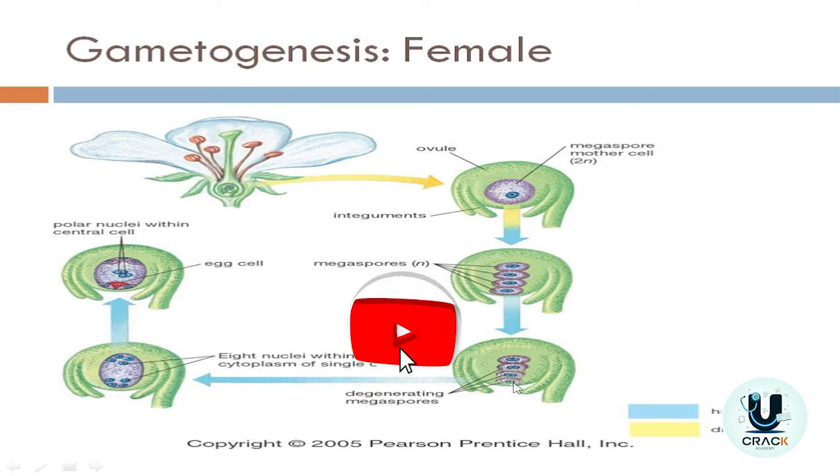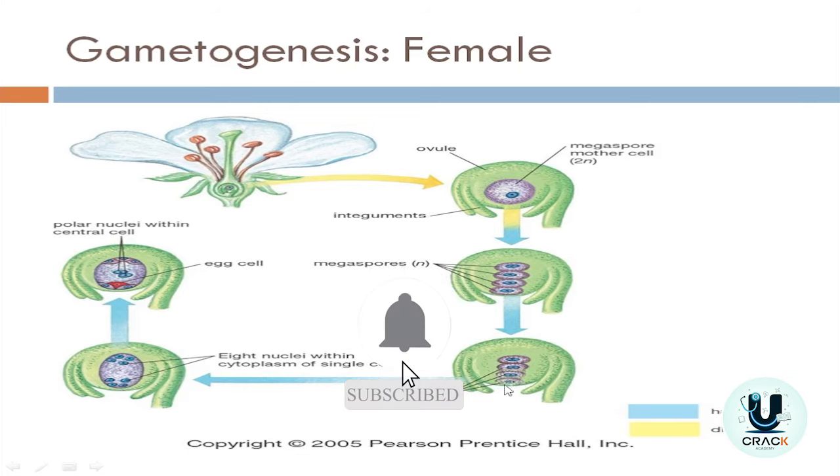Then you can see the degenerating megaspores inside. The next is 8 nuclei within the cytoplasm of a single cell, 4 into 8, now double. Then you can see the polar nuclei within the central cell, and the egg cell, which is in red color. This is the female gametogenesis.